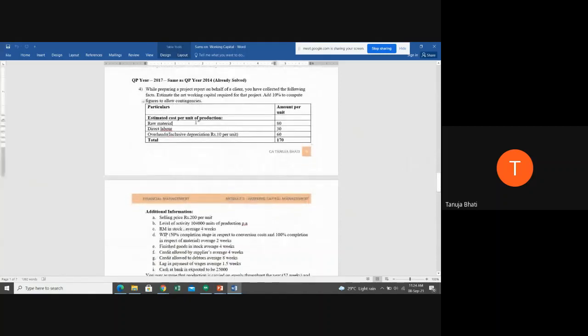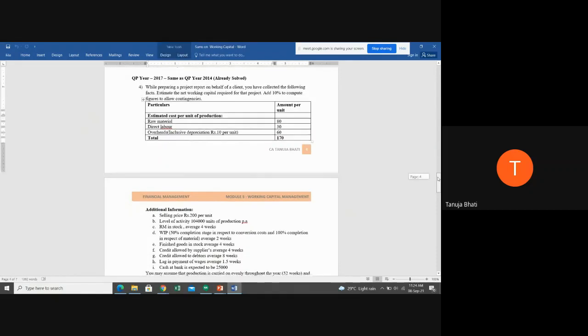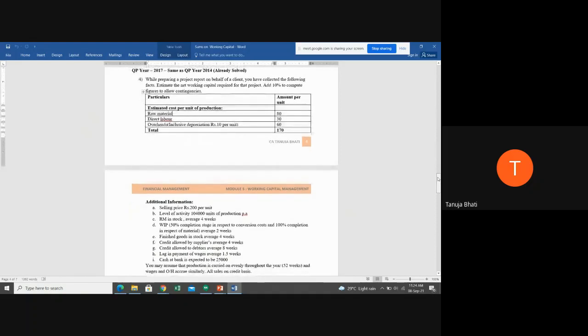This is the same problem, students. This is already solved. Okay. So I just want you all to take a snapshot of this and solve this problem at home. Since it is the same problem that we have already solved, I will not be solving it again or explaining it since it has already been explained.